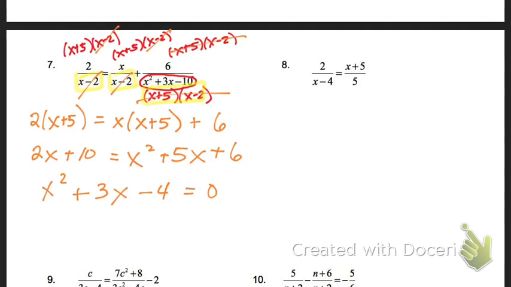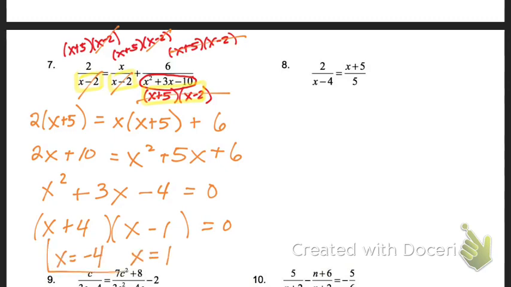And can I factor this to be, and then I solve. So x equals -4 and x equals 1. Do I have any conflicts with any of them? Okay, last, make the denominator negative. Yeah, the denominator can be negative.